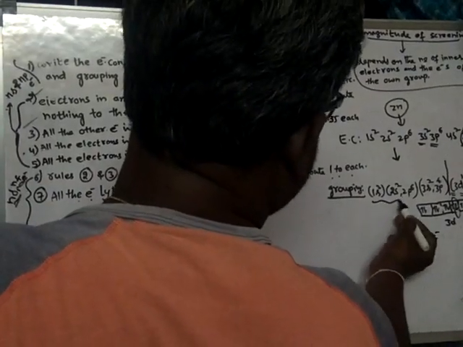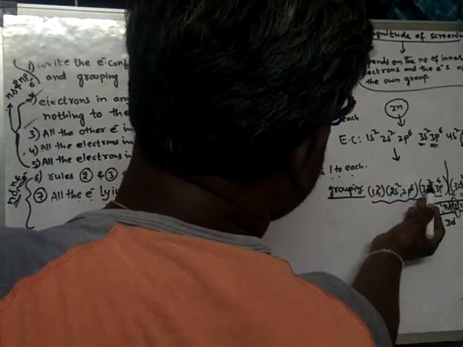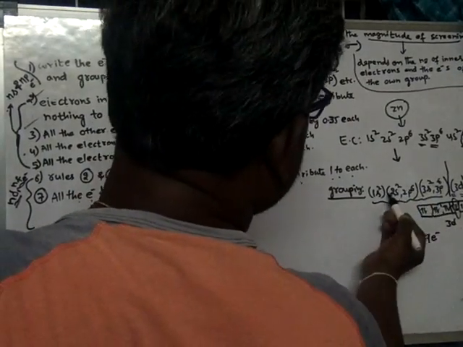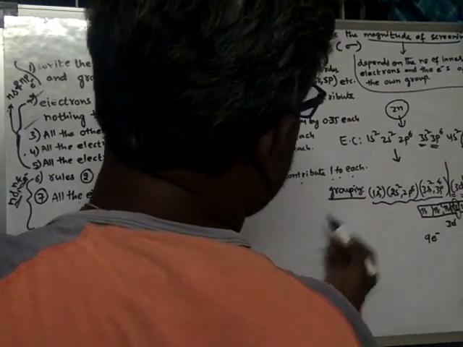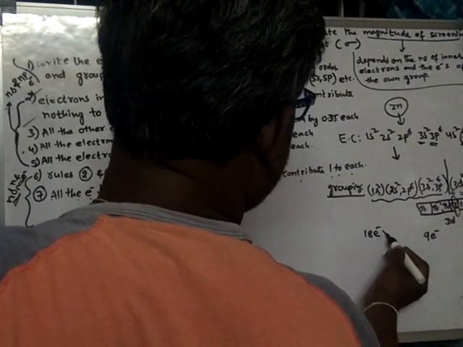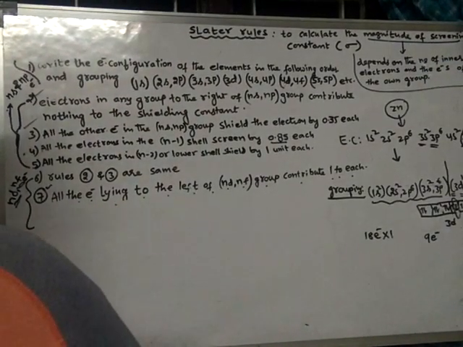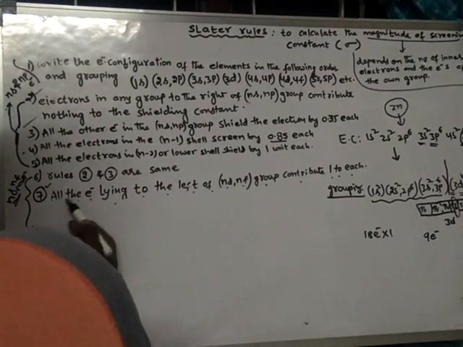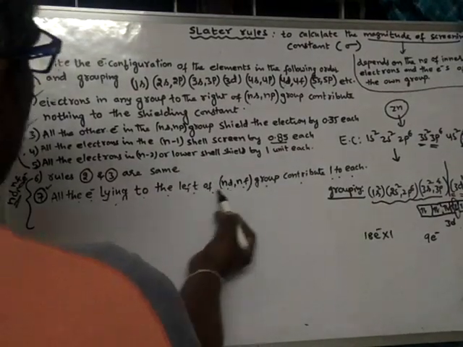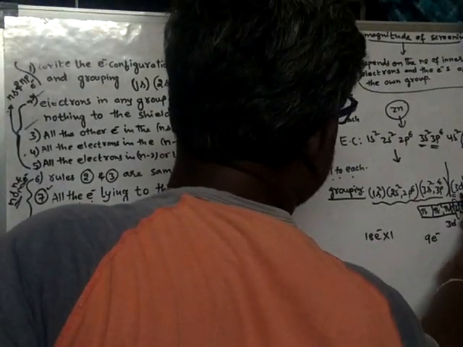So how many electrons are there altogether? Here 2, here 8, here 8 again: 8, 8, 16, plus 2, 18 electrons. So 18 electrons into 1 each, because rule 7 says all the electrons lying to the left of the ND or NF group contribute 1 each. Here ND means the 3d group.